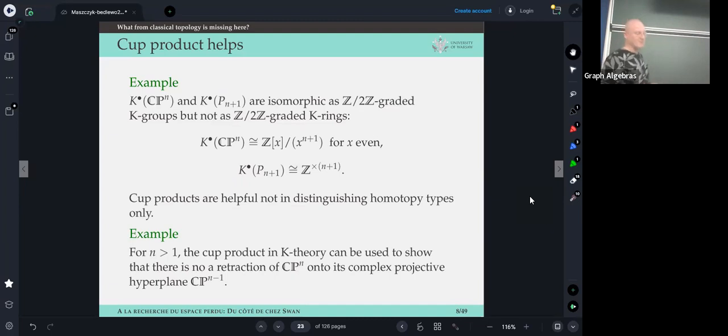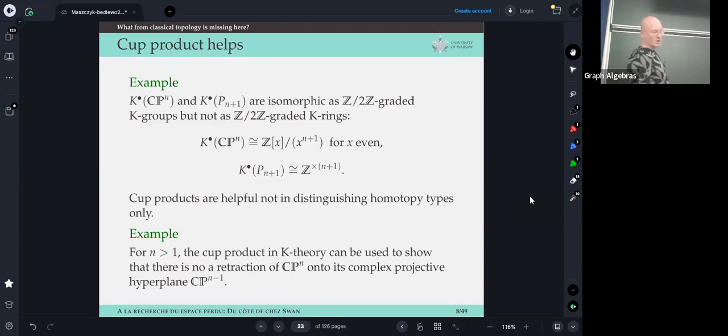For instance, for n greater than 1, this product, which I will call cup product, although the word cup product is reserved for a construction in singular homology or similar cohomology theories, but I will use it even for some extraordinary cohomology theories.